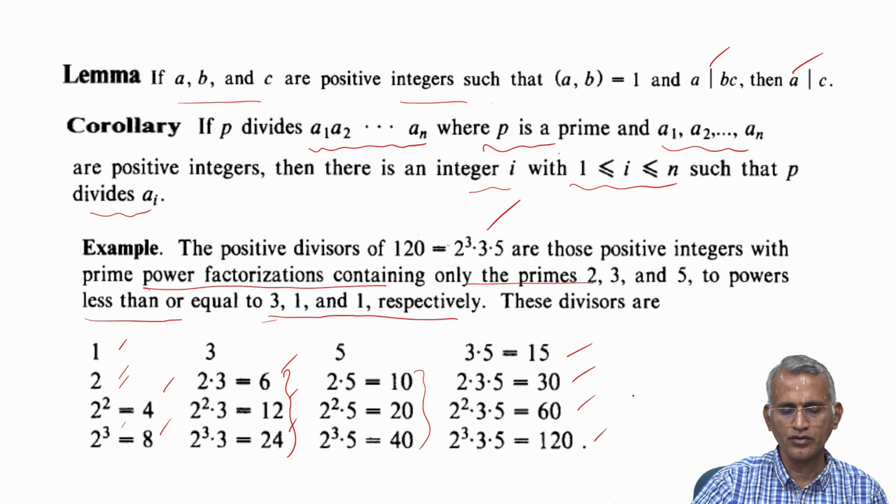This way we can work out divisibility in terms of primes and composites: if P divides the product of the integers, then definitely P divides one of the numbers in the product of the prime powers.